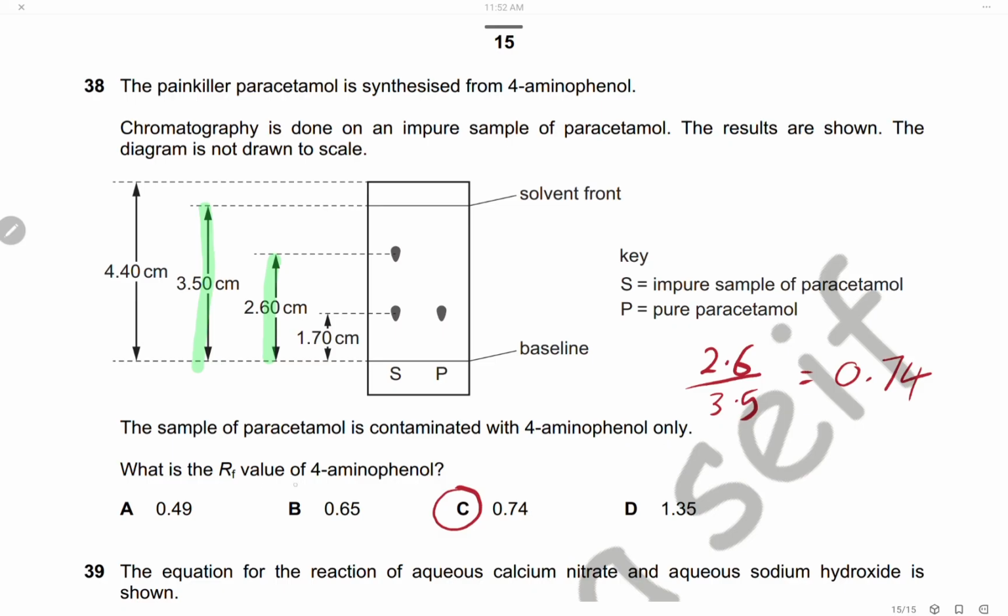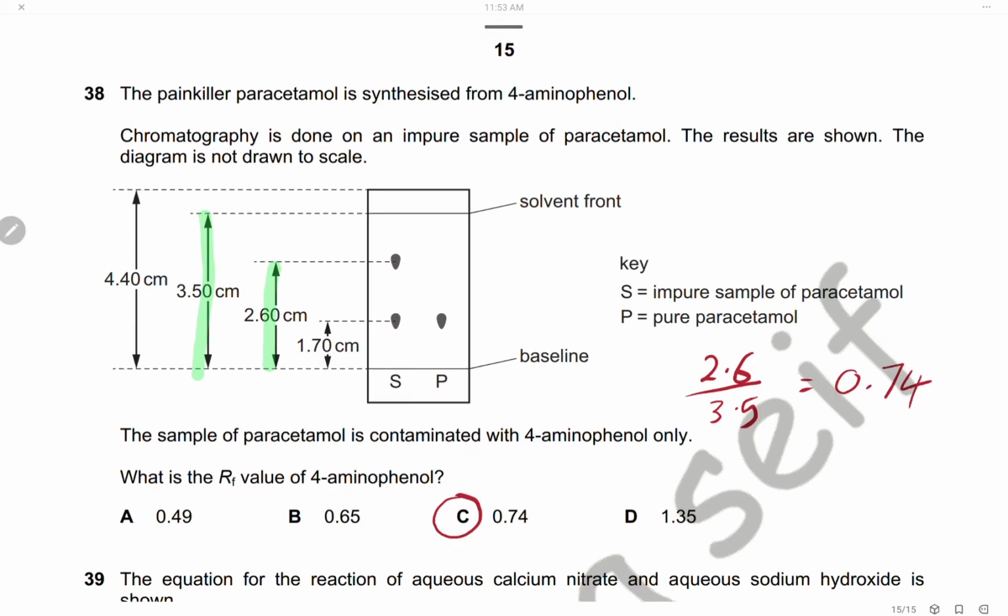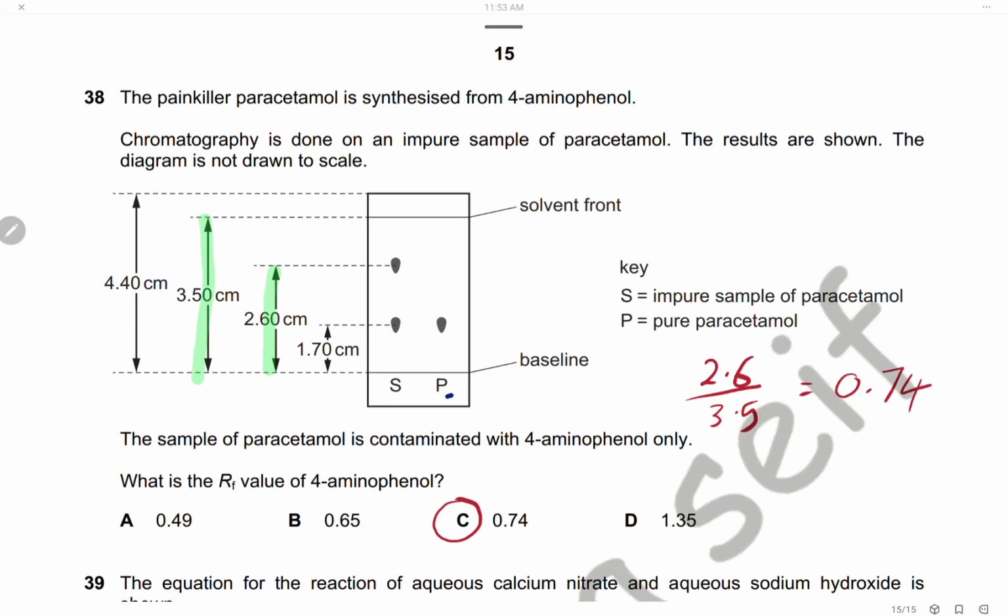What is the Rf value of the 4-aminophenol? P is the pure paracetamol, so this is the spot of the pure paracetamol, and S is contaminated, so it has pure paracetamol and another contaminant. This spot has the same distance as the pure one, so this is the paracetamol present in S, and this is the spot of the contaminant, which is 4-aminophenol.